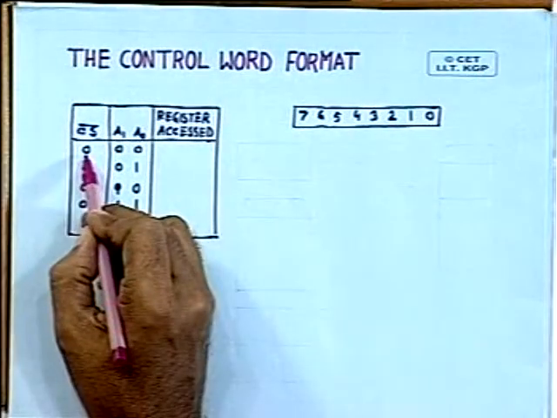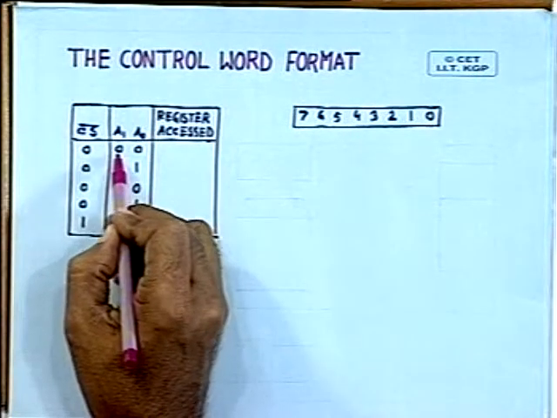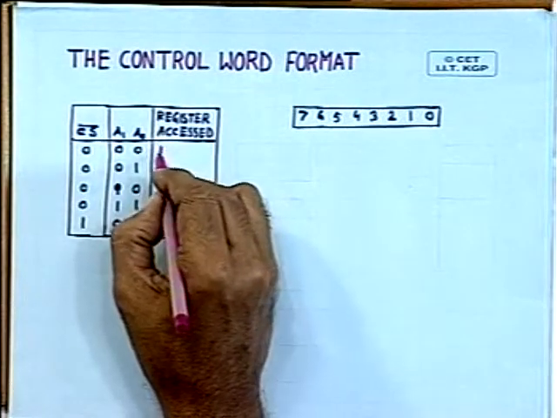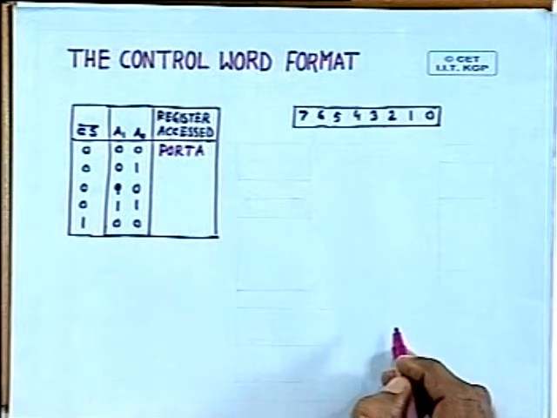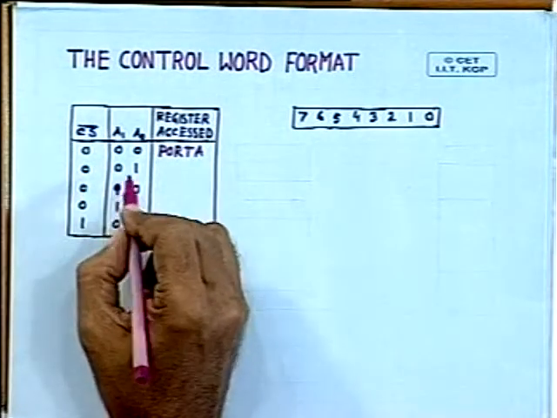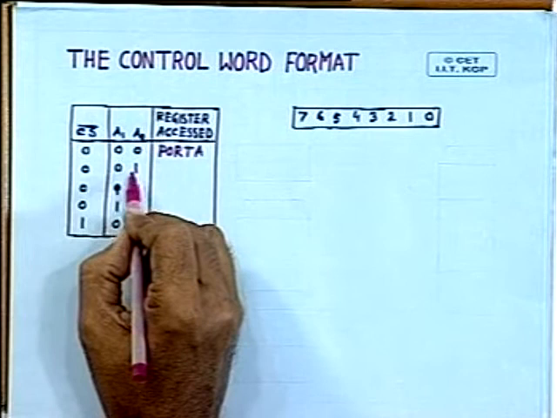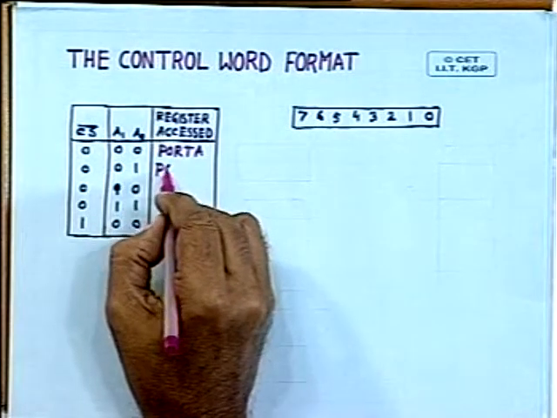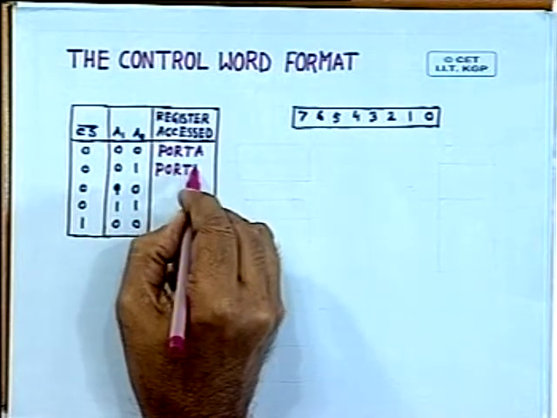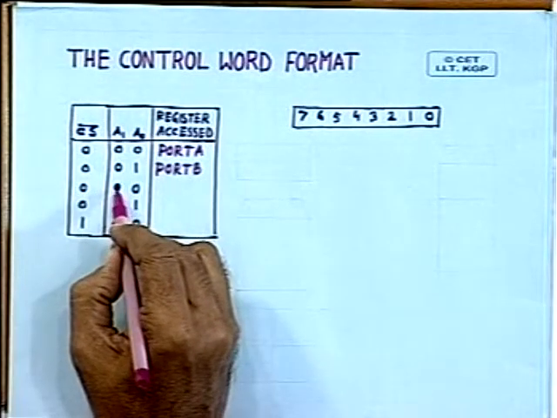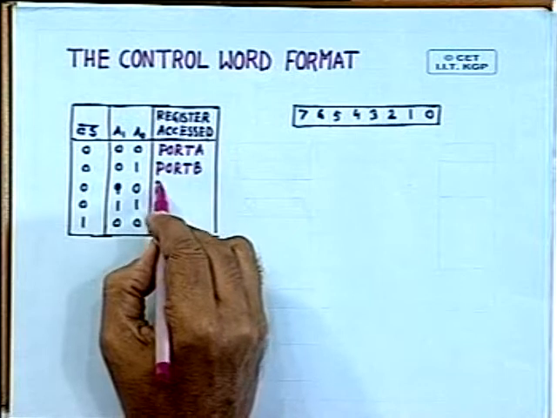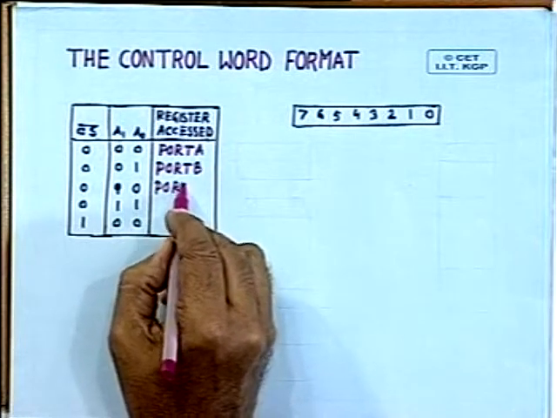Whenever chip select is 0 and A1, A0 are 0 0, then the port A register is accessed. Whenever chip select is 0 and A1 is 0, A0 is 1, then the port B register is accessed. Whenever chip select is 0 and A1 is 1, A0 is 0, then the port C register is accessed.